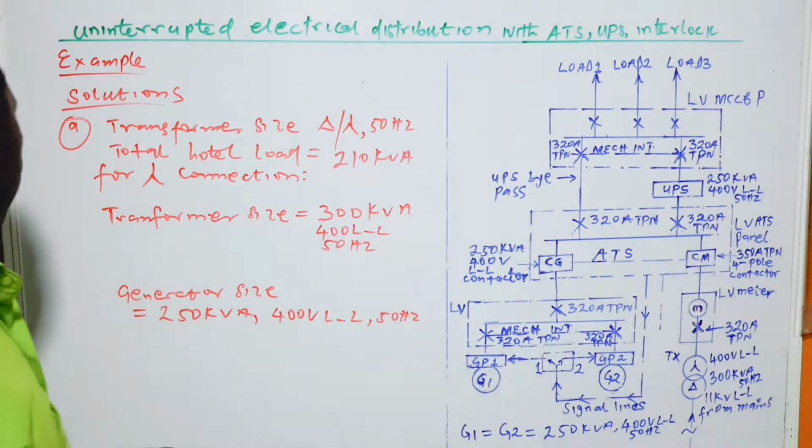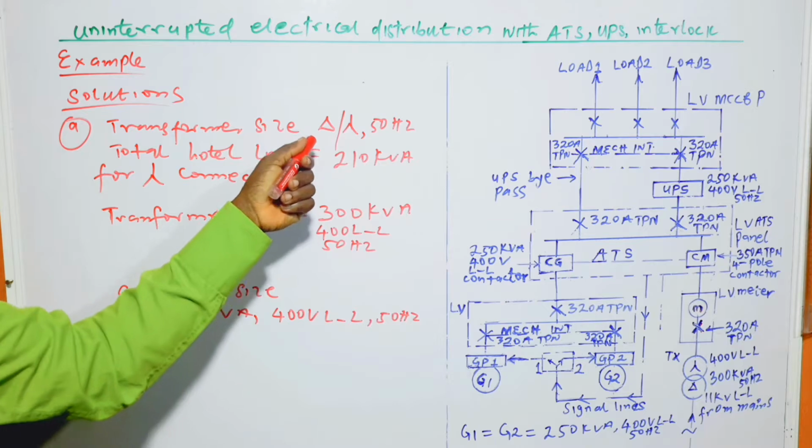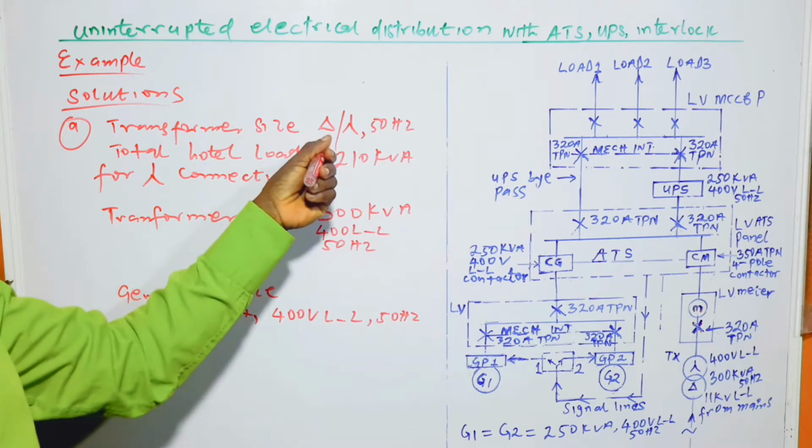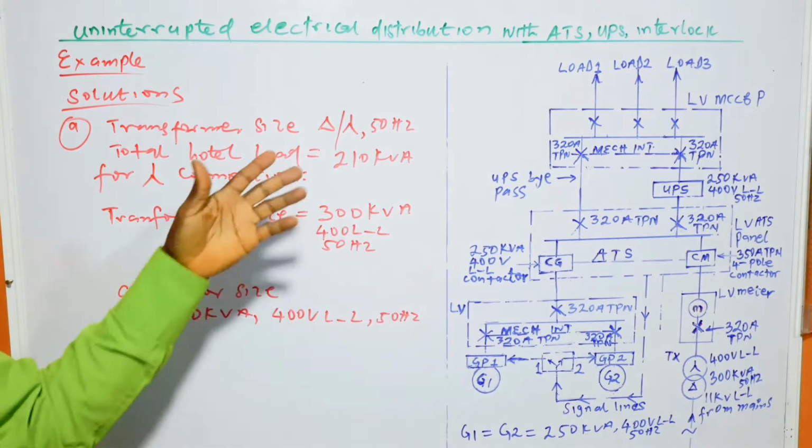Solving the problems. A part, the transformer size as given by the question. The transformer is delta star at 50 Hz frequency.